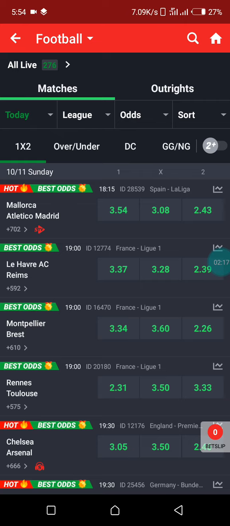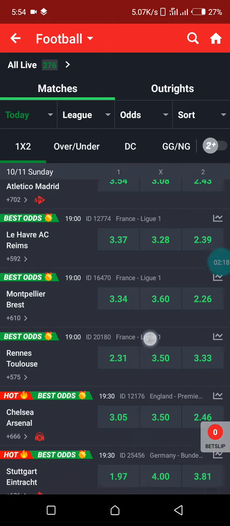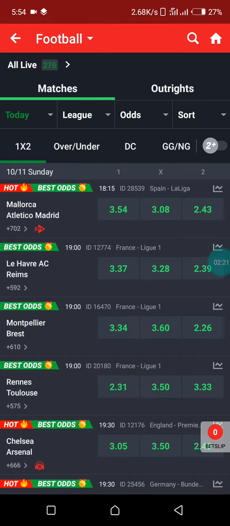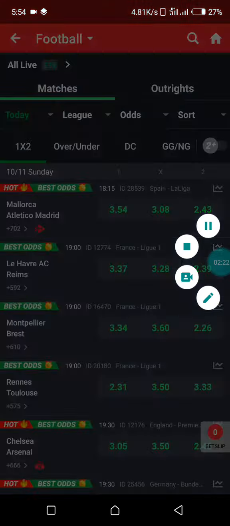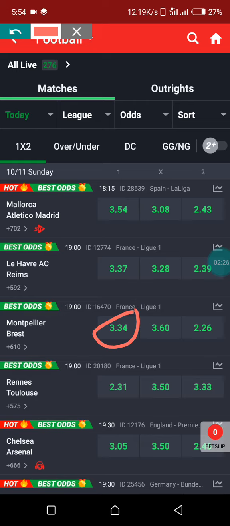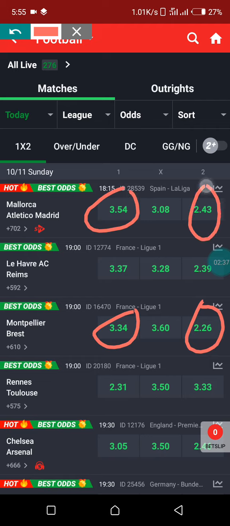For me here, I recommend you find a game which has 2 odds or 3 odds per each side. I'm sure that you understand what I'm talking about. Just look at this. Make sure that all sides have higher odds like this.